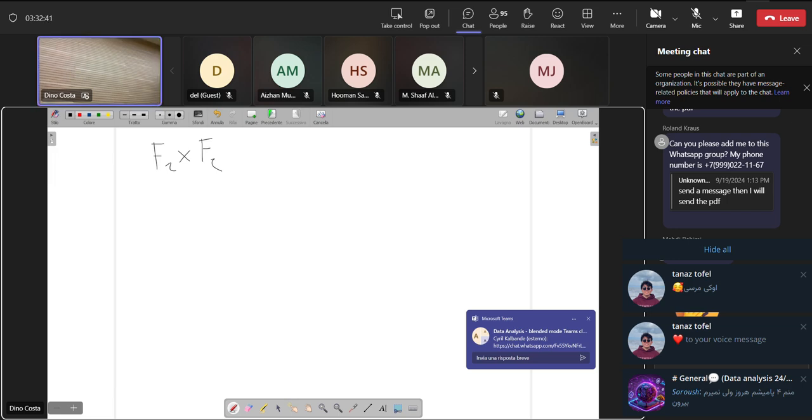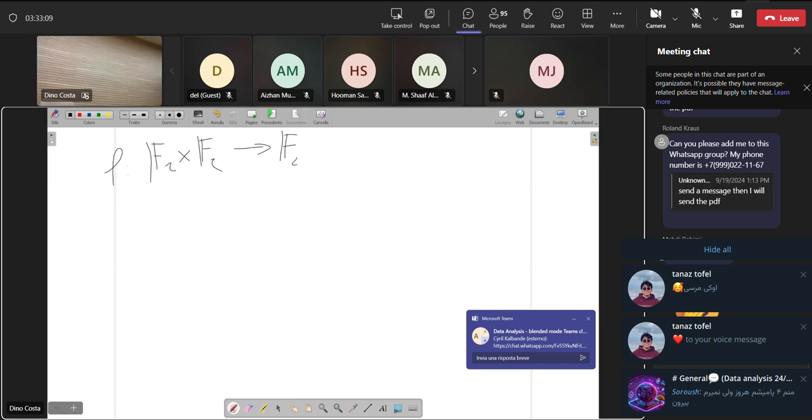So we have F2 times F2 in F2. How many are these functions? This time the functions are the class of functions, so the set of all the functions of this type.